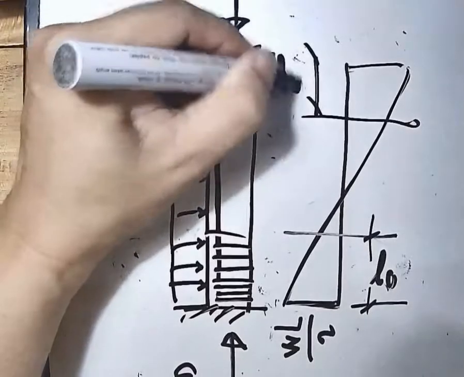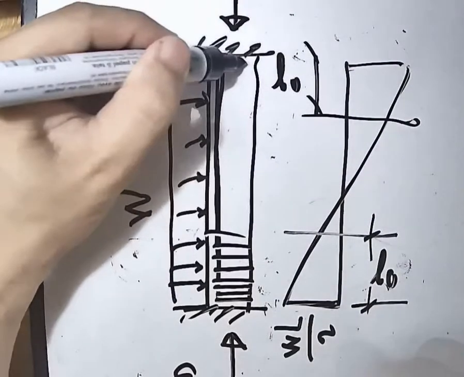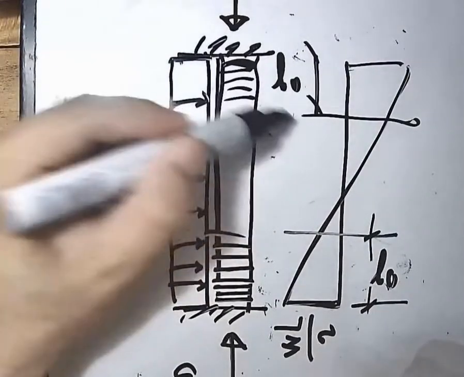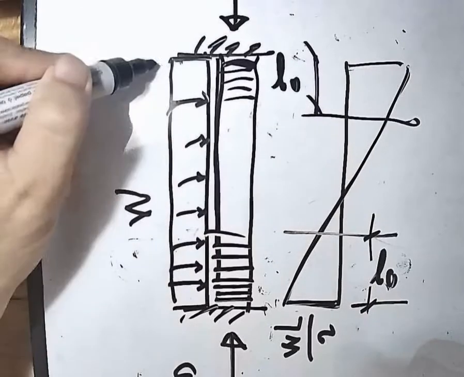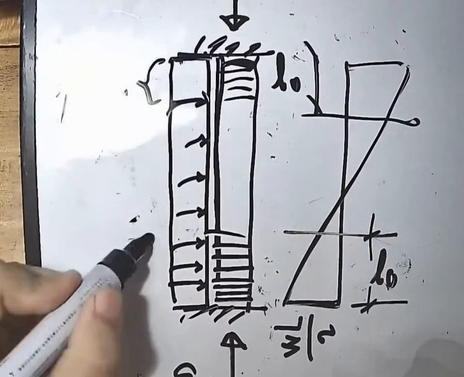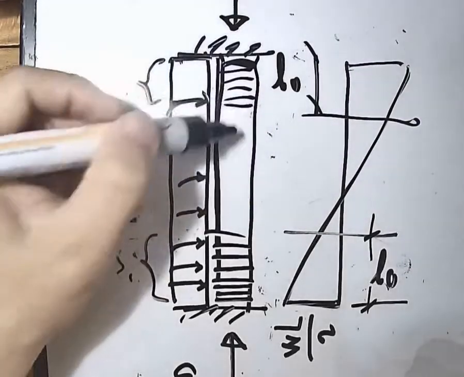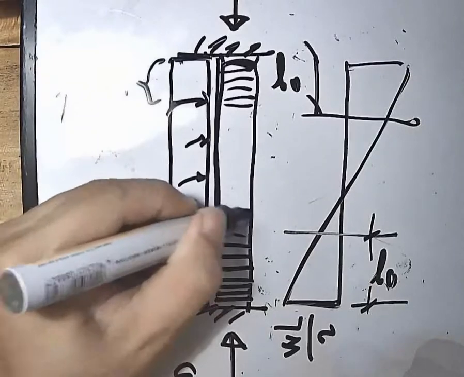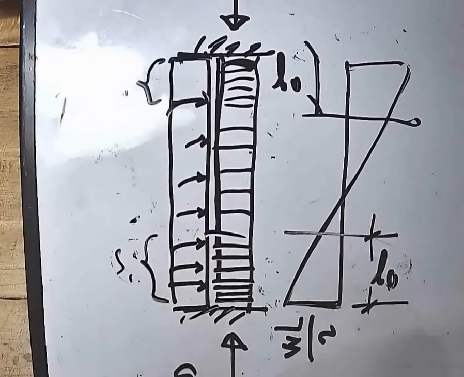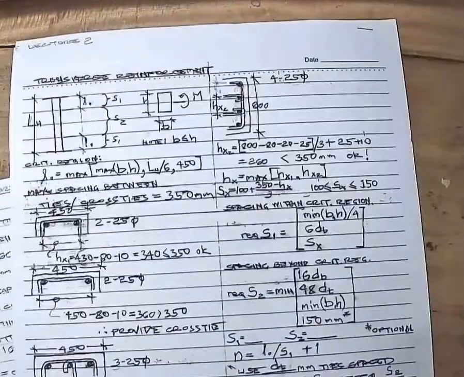Yan yung critical region na L sub O. Likewise, mula dito sa taas, dyan yung pinaka masinsin na bakal. Or this is known as your S sub 1. Spacing 1. Pagdating mo dito sa middle span, dyan na malalaki yung spacing ng stirrups. Okay, so that is what we're going to do now.